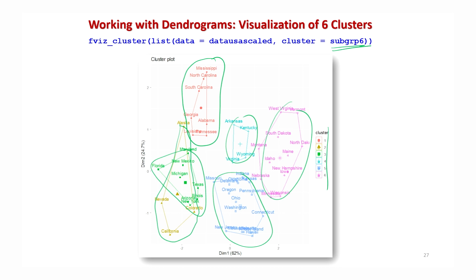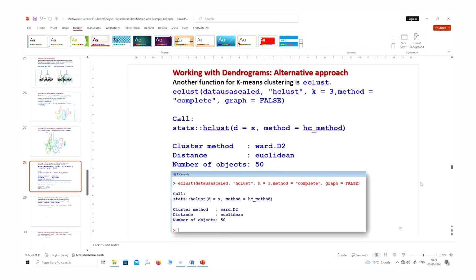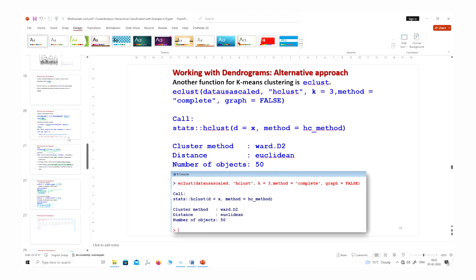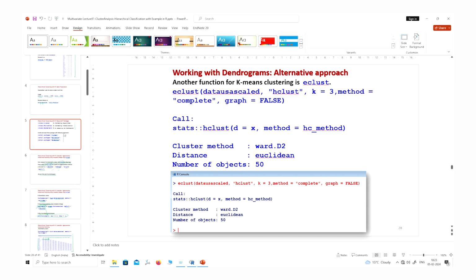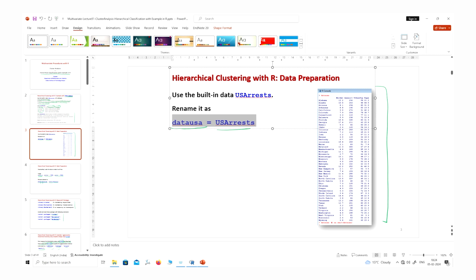This is how it becomes easier for us to work with a real data set. Before I go to the next function, let me show you these things in R also, so that you are more comfortable and confident.